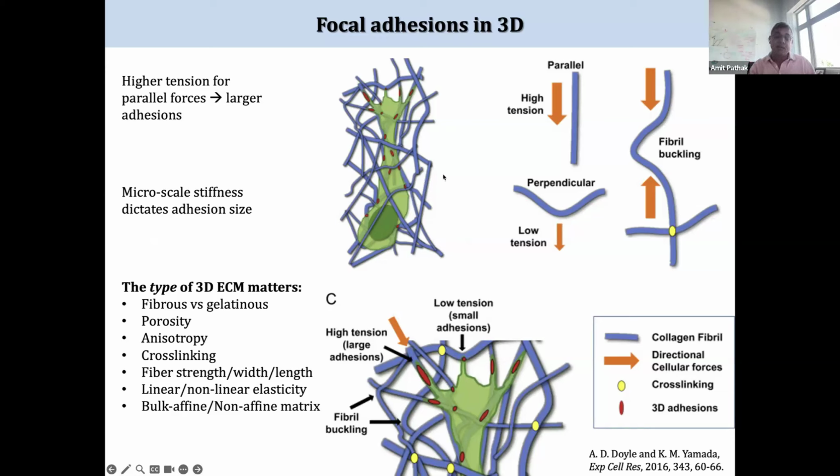If an adhesion is made, but the force is along the fiber, the adhesion will think, oh, I'm on a very stiff surface. But if the force is perpendicular to the fiber, it will just buckle and the adhesion will think I'm on a very soft surface. So within the same environment, different adhesions will think they're on different soft and stiff surfaces. That makes for a much more complicated adhesion dynamic. And so I just wanted to throw it out there.